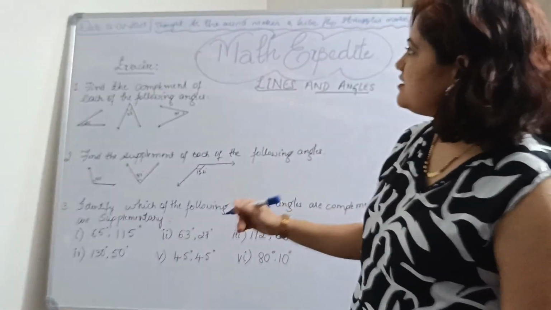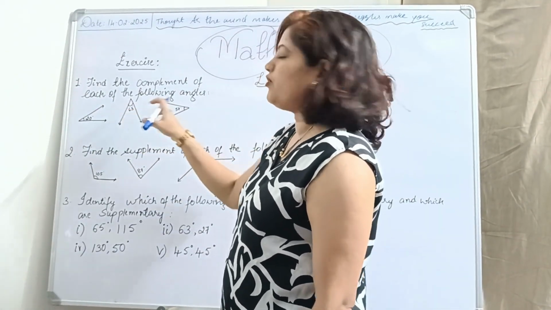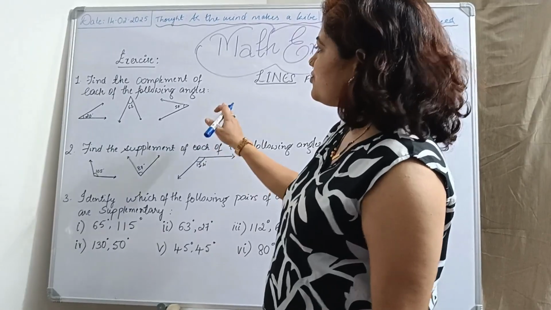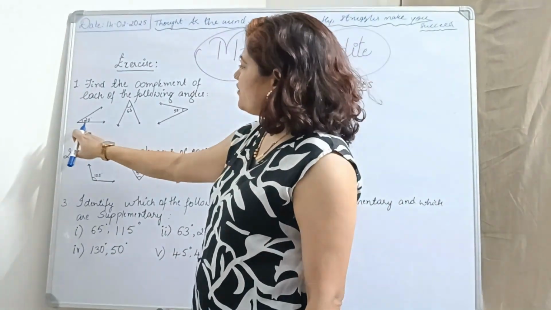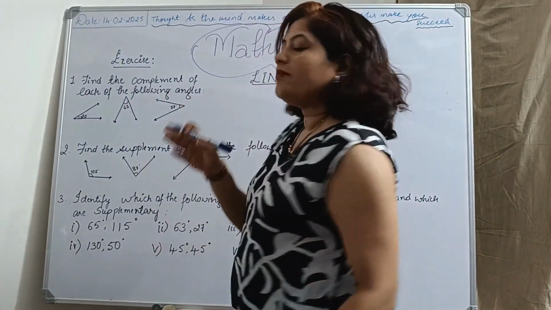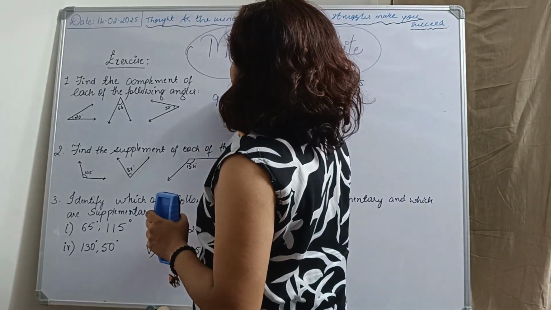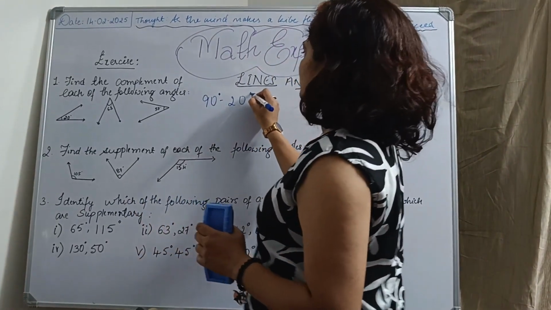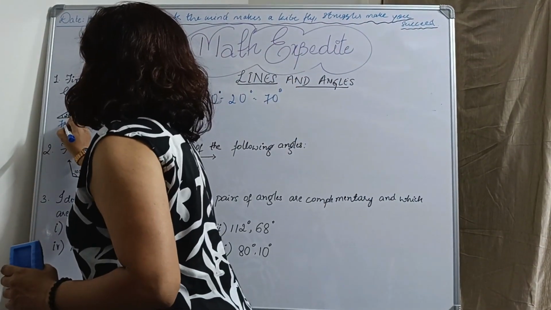Coming to the exercises, here first one, find the complement of each of the following angles. So they are asking us to find the complementary angle. If you take this 20, what are complementary? The sum should be 90. So what will we take? 90 minus 20, so it is 70 degrees. So here the answer is 70 degrees.